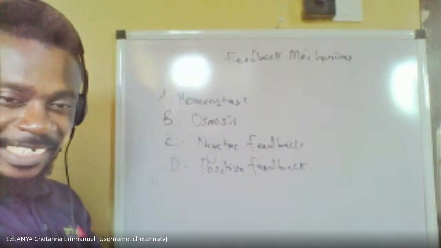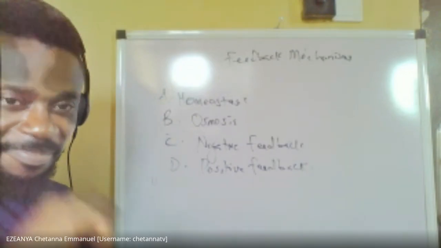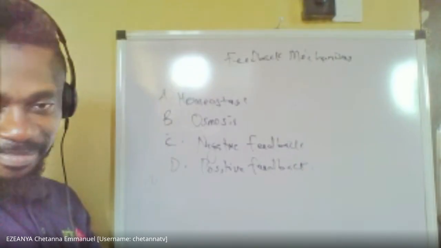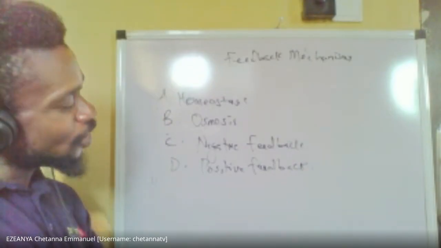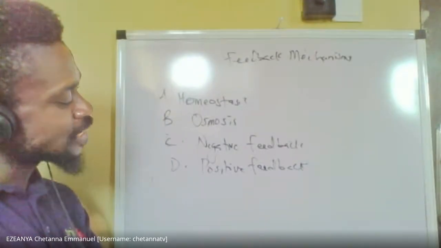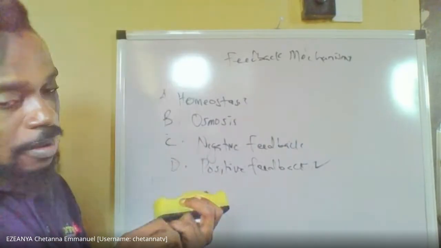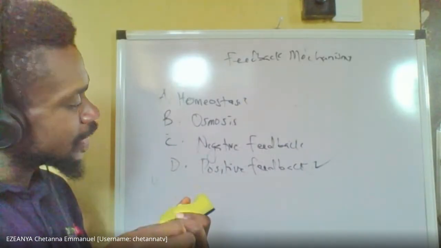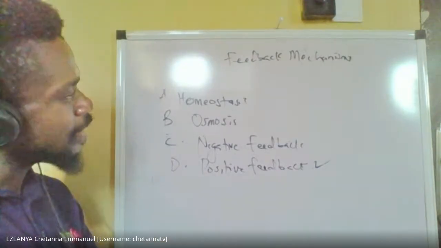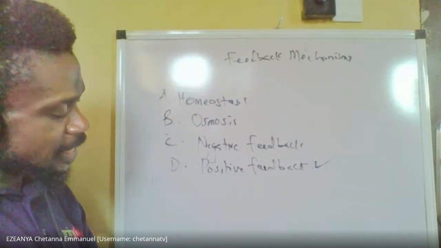So what is the answer finally? Okay, don't worry, let me explain. The answer is positive feedback mechanism. That's the answer here. So why is it positive feedback mechanism? I will explain.